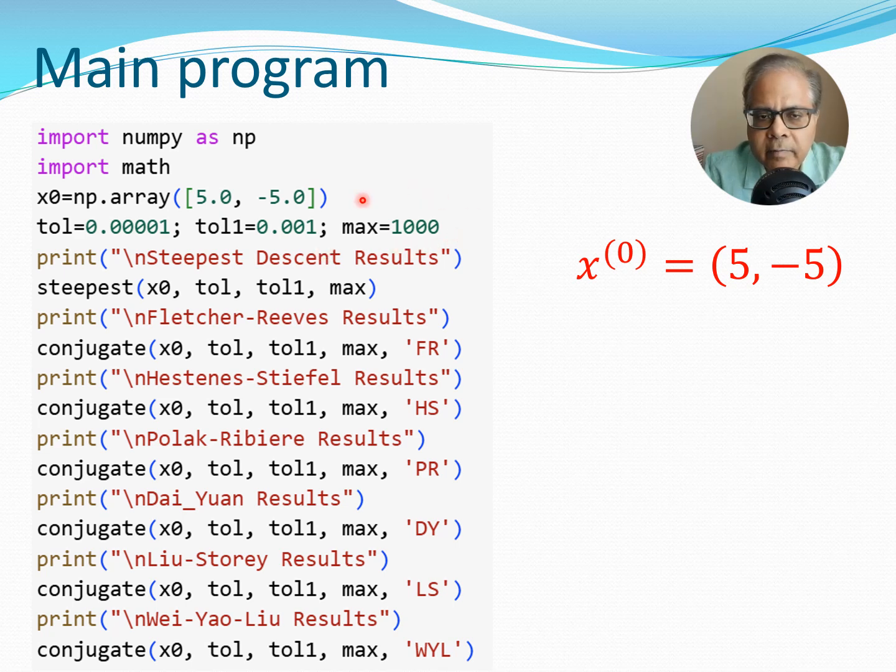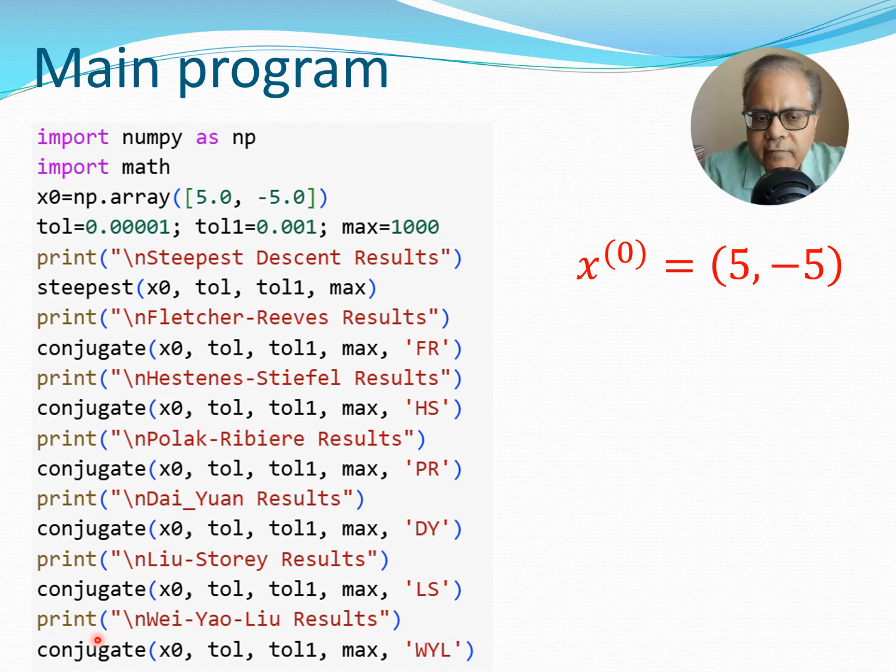And I give a max value of 1000 for the for loops. Now what I do is that I have two functions out here. I have a function called steepest and I have a second function called conjugate. And in the steepest function, I send in x0, that is the starting value. I send the two tolerances and I send this max value. And then this steepest function is going to print out whatever I need inside the function.